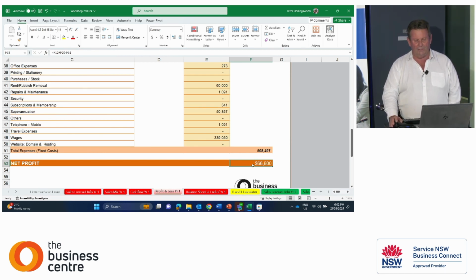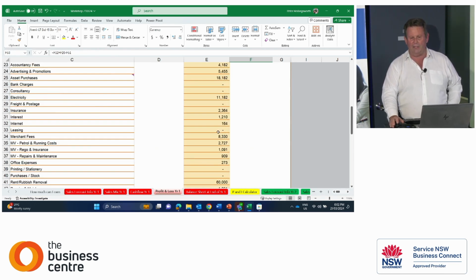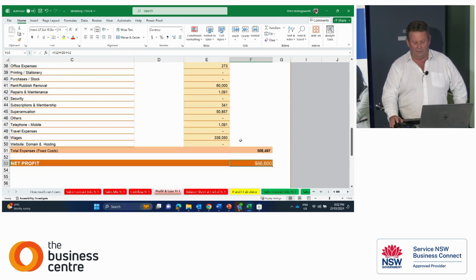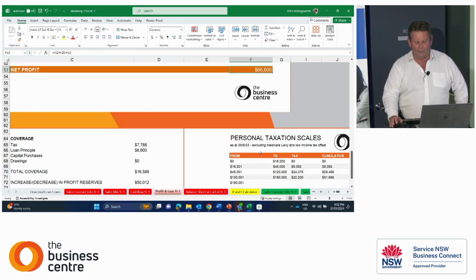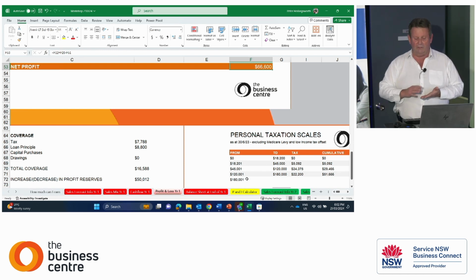So it's interesting just to see that all that money comes into the till, and yet a good amount of it is already accounted for before the till drawer is even closed, before they've even finished tapping on the EFTPOS machine. And then we've got to make provision for paying all of these other things that are going to come up through the year to leave this sort of margin. As I said before, we've got a little tax calculator down here that works out the tax on $66,000 under the current tax scales as they were middle of last year.